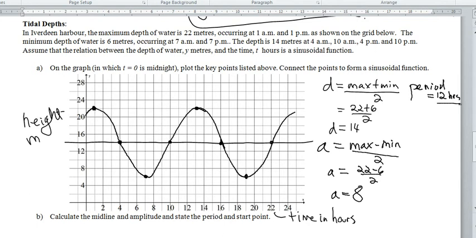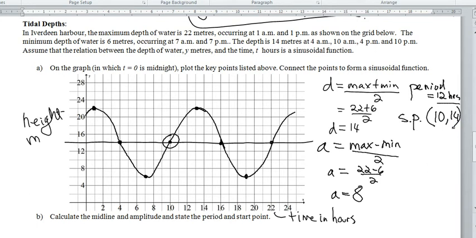Stop me when I get to the start point. Here, here, here, here. Stop me now. That's the start point. So when you reach the midline and you're going up, that's the start point. So the start point is 10:14, right? Start point here, abbreviated as SP, is 10:14.